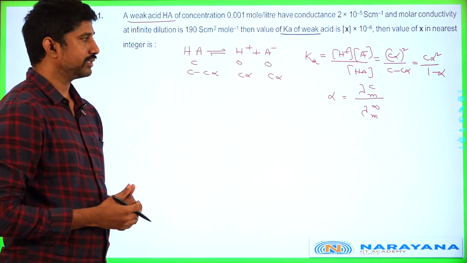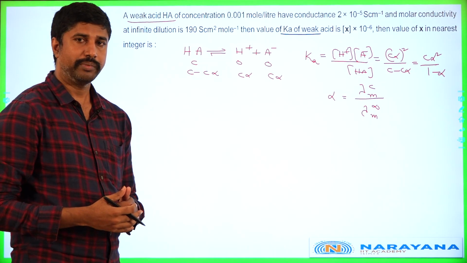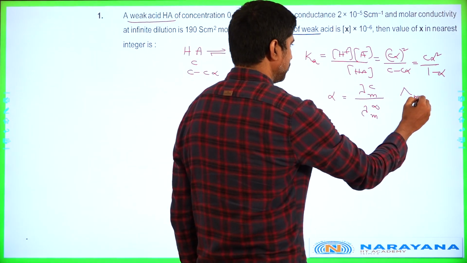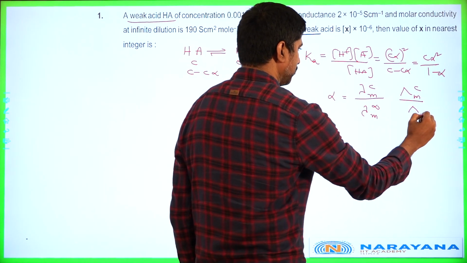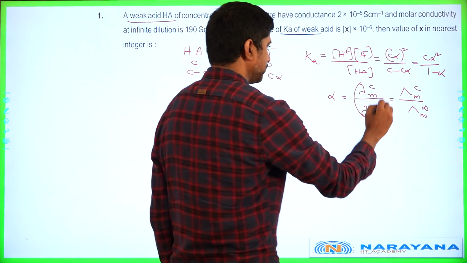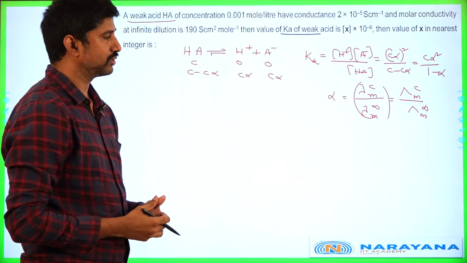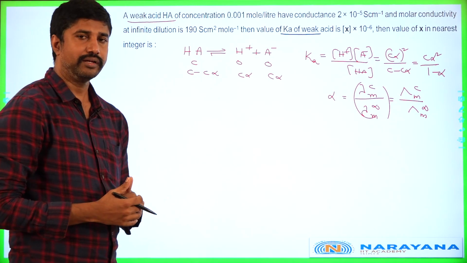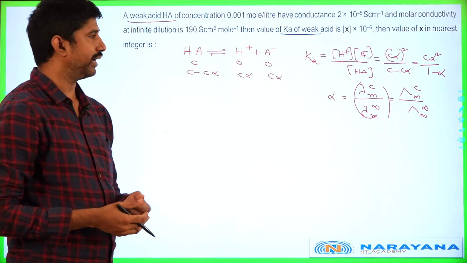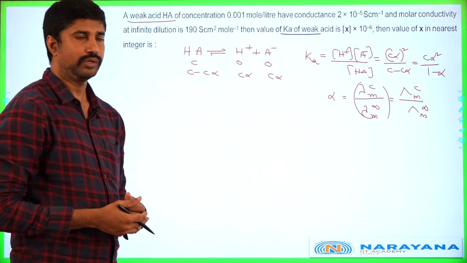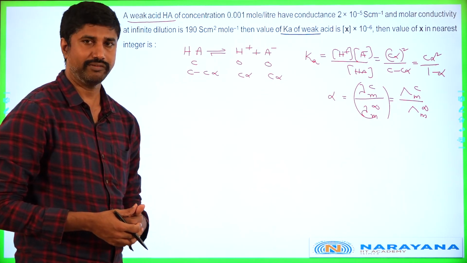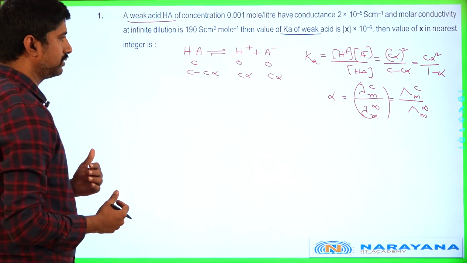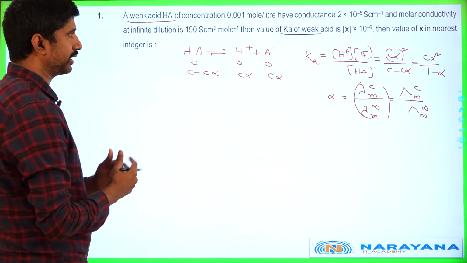This ratio gives alpha. As it is a monoprotic acid, whether it is molar conductance or equivalent conductance, there is no difference. For that we need to find the molar conductance first.